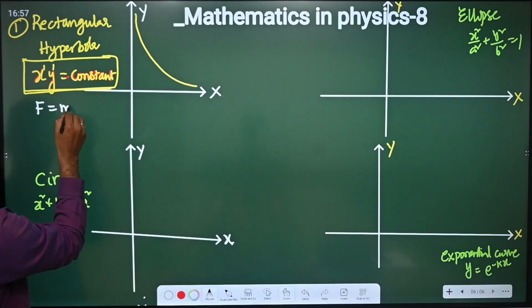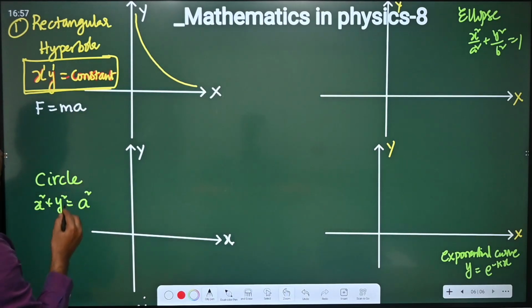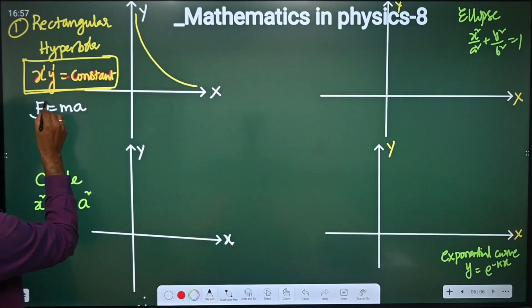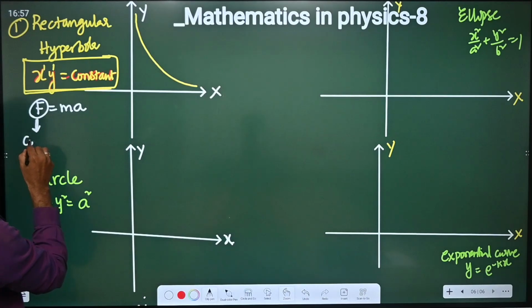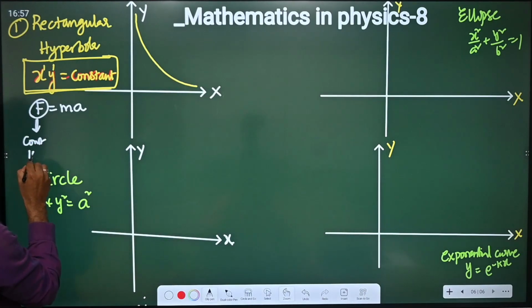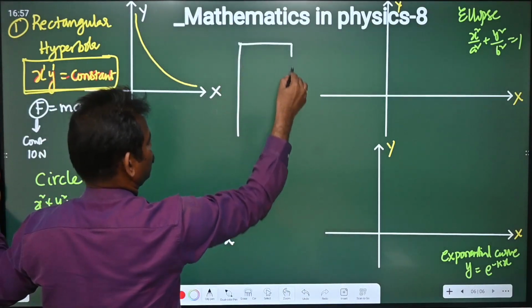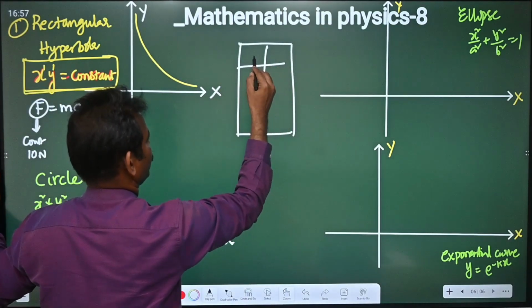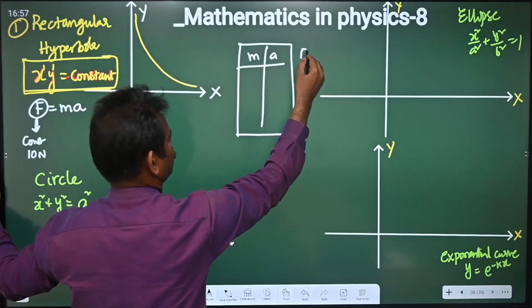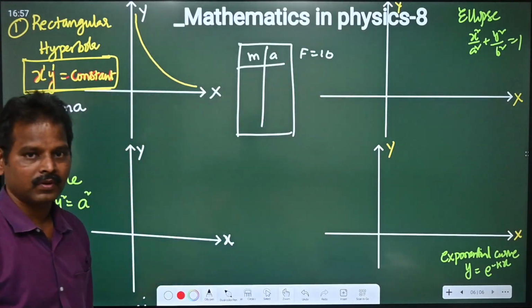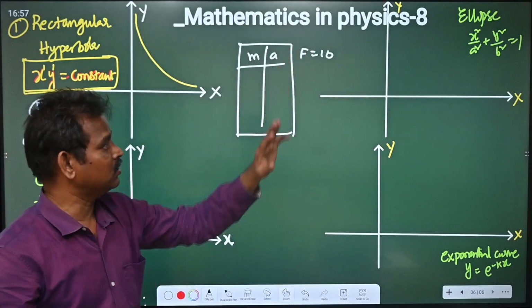Force is equal to mass into acceleration. Let us say force on a body is constant and equal to 10 Newton. Now, if you draw the graph for mass and acceleration, force is always 10. The product of these two is always 10 Newtons.